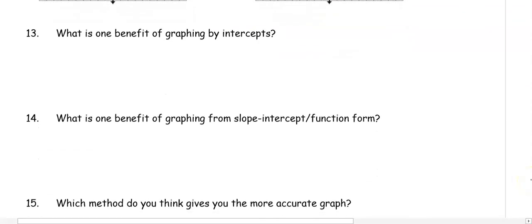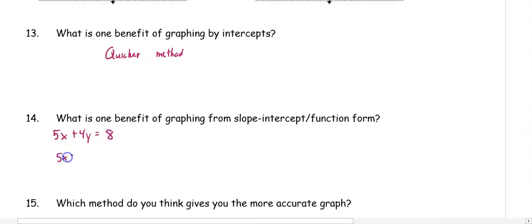So what is one benefit of graphing by intercepts? When we graph by intercepts, it is a quicker method because we just need to find the x and y by dividing. What is one benefit to graphing in slope-intercept form? So let's say, for example, we have 5x plus 4y equals 8.